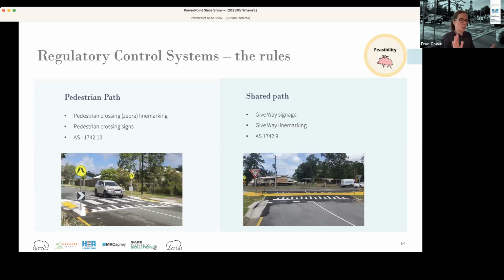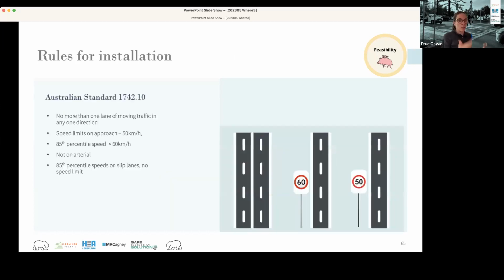So this is where we establish the rules about where we can install raised crossings. To summarize some of the important guidance when you're thinking about which sites you can install them in: under Australian Standard 1742.10, we can have no more than one moving lane of traffic in any one direction. These are the current rules around where we can install them.